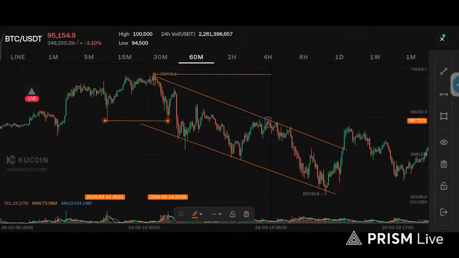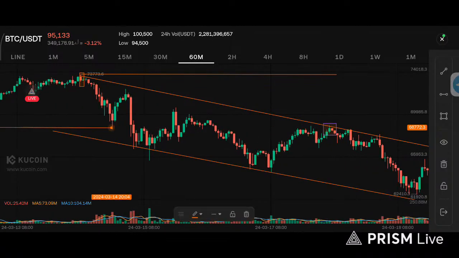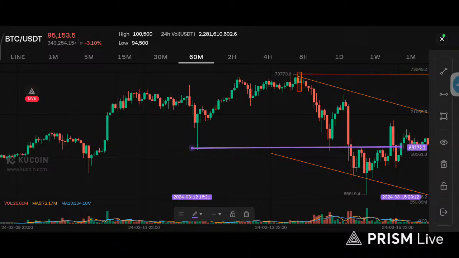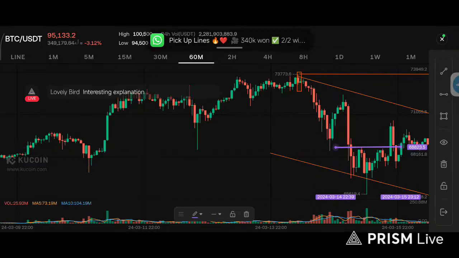You have some break of structure that is not valid. As you can see, this swing low here was our lower low. But what happened to the market? It broke it. The purple line is where the break of structure took place.